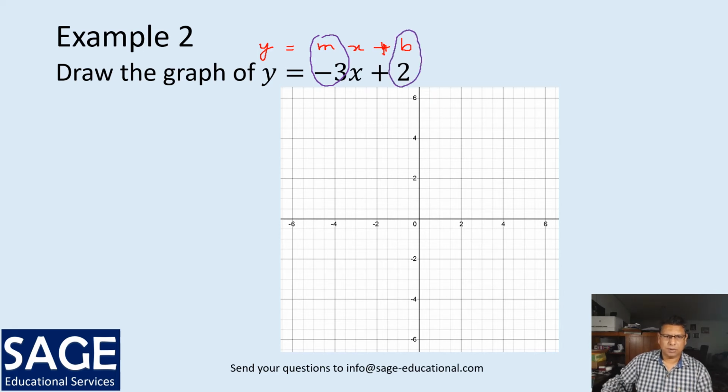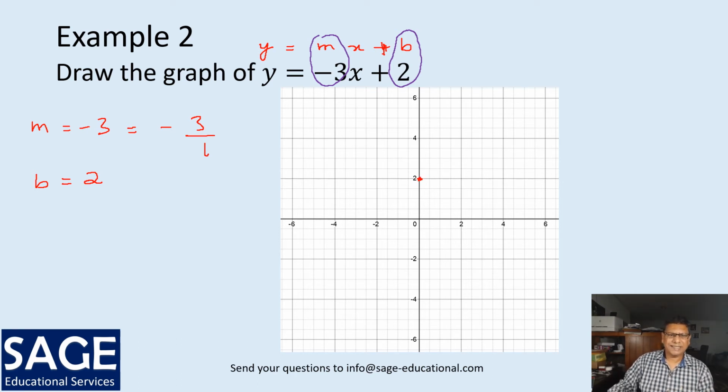So we write this down here. M is equal to negative 3, and you can write that as negative 3 over 1, and b is equal to 2. So first thing we do is we find the point on the y-axis where y is equal to 2. So there's my point.